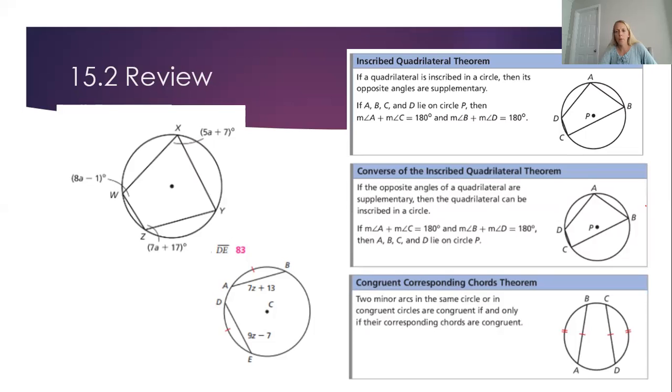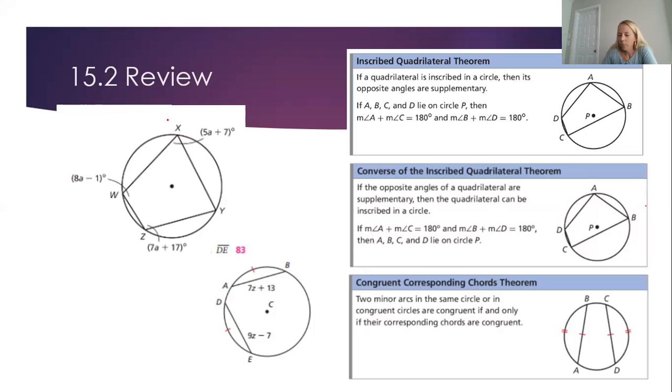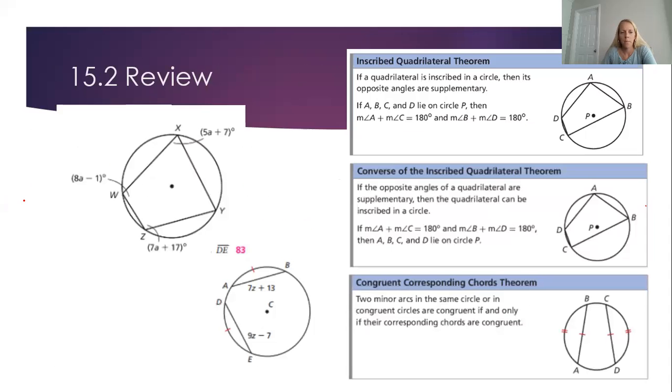For a quadrilateral, notice these vertices are on the circle. Do you see that these vertices are on the circle? Therefore, it's an inscribed quadrilateral. Inscribed means the vertices are on the circle.